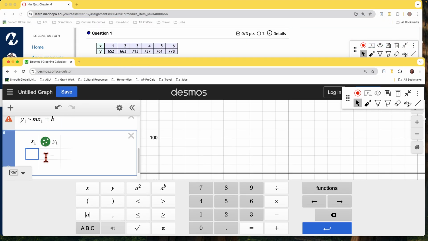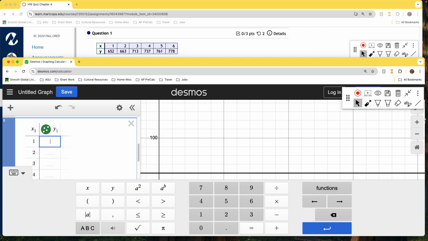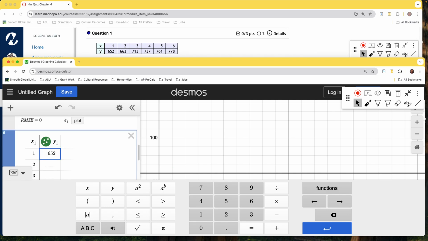So I've got my x values, 1, 2, 3, 4, 5, 6. So I enter those. Enter my y values, 652, 663, 713, 737, 761, 778.